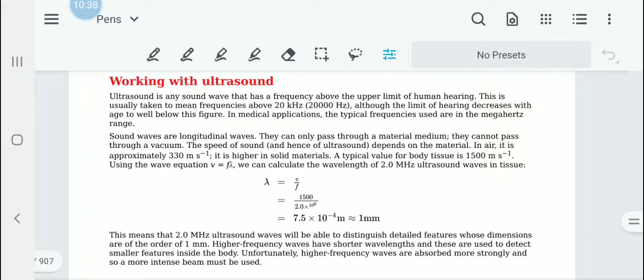So ultrasound means above the frequency that we can hear, that is beyond the upper limit of our hearing. The frequencies that we usually hear are 20 to 20,000 hertz. So if it is above 20,000 hertz, that is 20 kilohertz, we don't hear that.